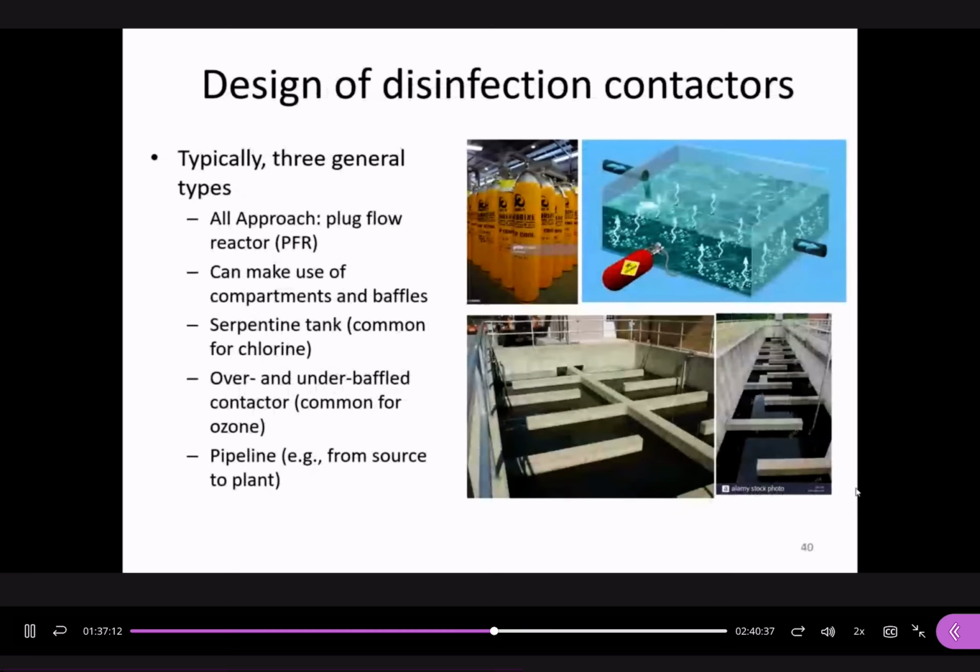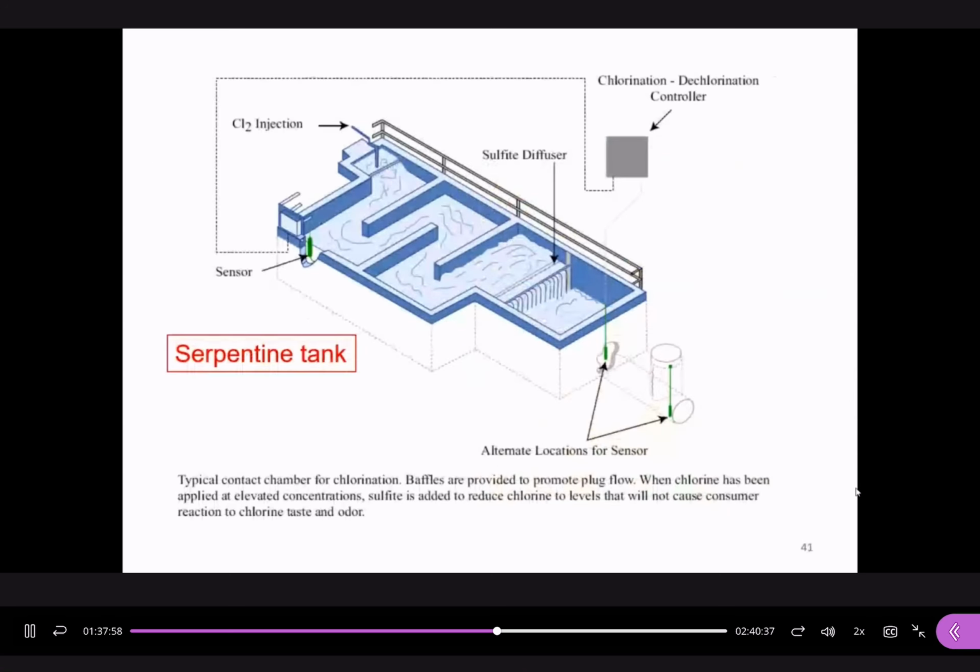How do we design a disinfection tank? We have seen an example, right? Typically 3 general types: plug flow, right? So you can make use of compartments and baffles. Serpentine tank. Right. So the flow is in a serpentine pattern. Over and under baffled contactor and pipeline. You have some pictures here. So this serpentine tank, what does serpentine mean? Right. So this is the serpentine pattern.